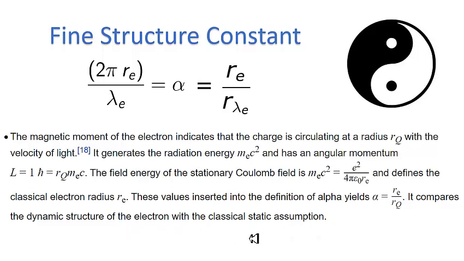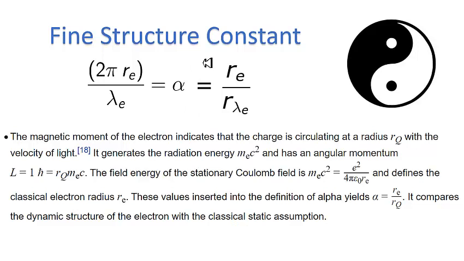So I think it's possible that alpha is a calibration error, a tweak that converts from the static assumption to the dynamic assumption, because I'm assuming a dynamic system here and mainstream assumes a static system.